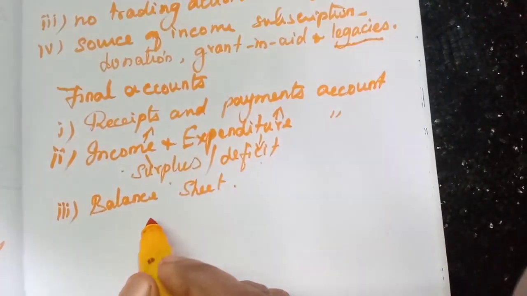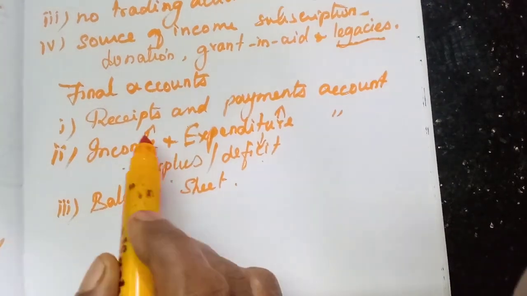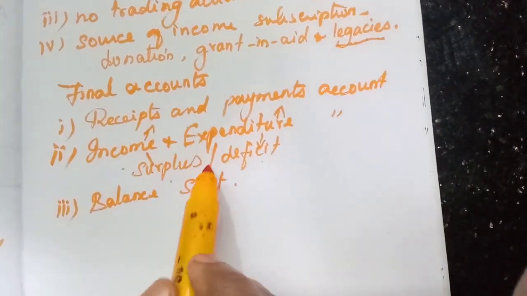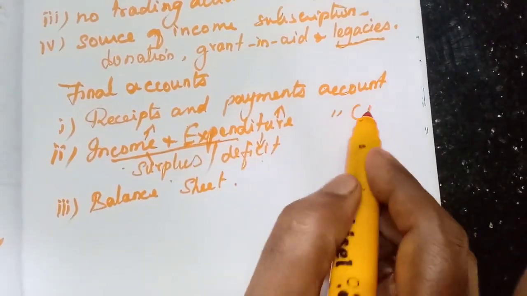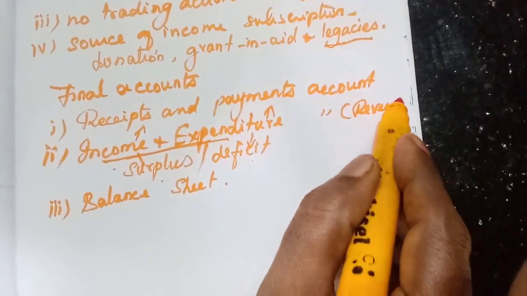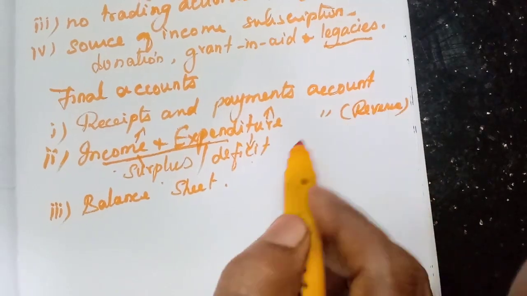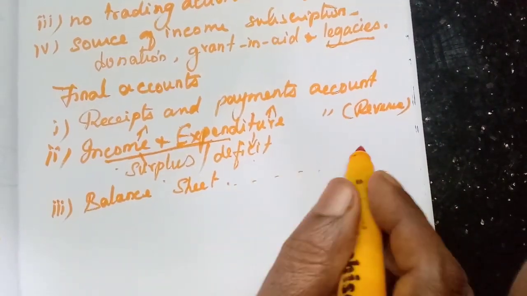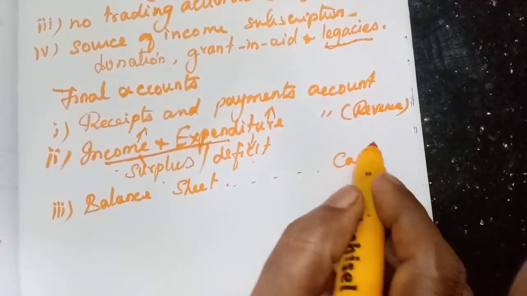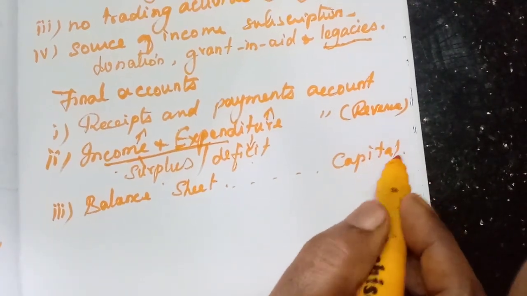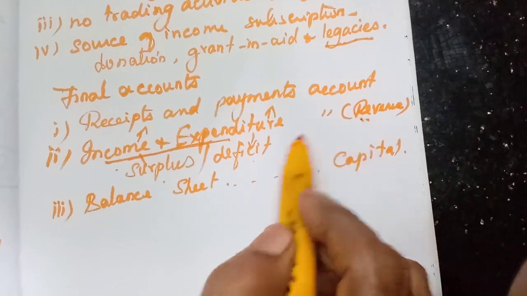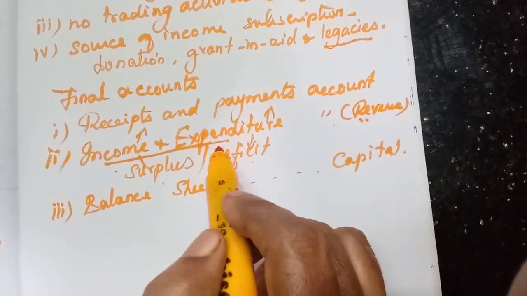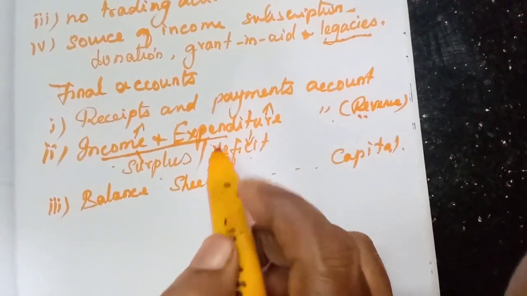All the revenue nature items will be coming in the income and expenditure account, all the revenue items as in the profit and loss account. Here, which items will we enter? All the capital items, capital income, capital expenditure. Here revenue income and revenue expenditure will be entered in the income and expenditure account.